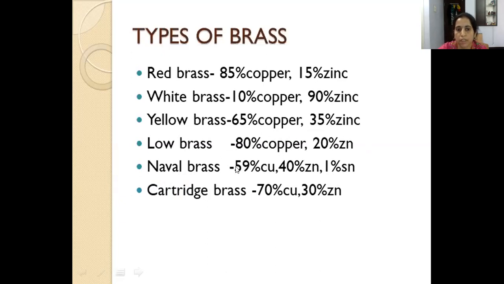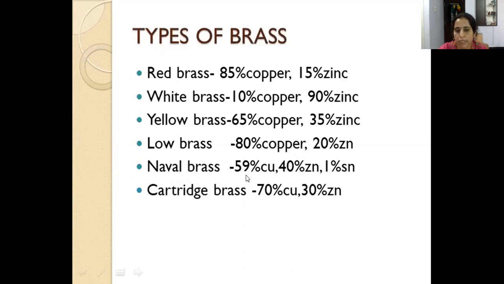Next comes your naval brass. As the name itself indicates, it has applications in marine engineering. It is used in pump rods. Its composition is 59% copper, 40% zinc, and 1% tin. As I said, brass is an alloy of copper and zinc. We do not have tin in brass, but in naval brass, 1% of tin is also added.